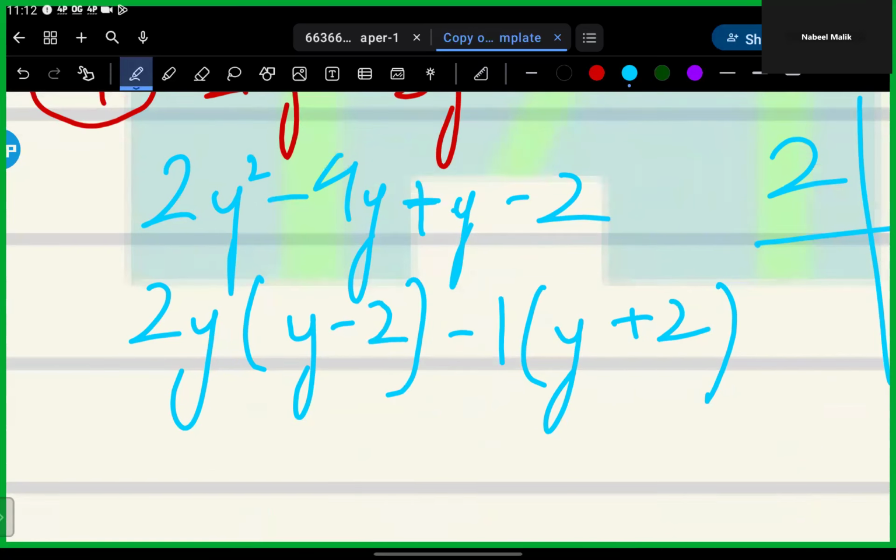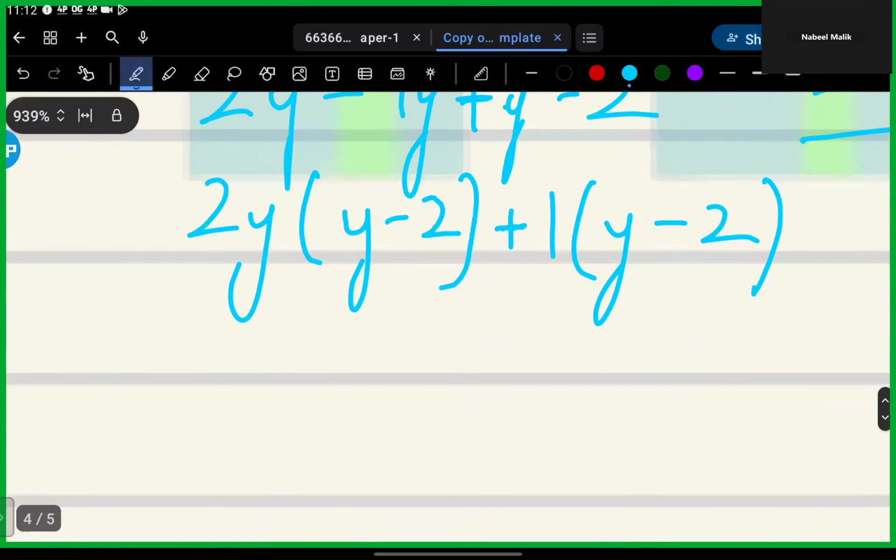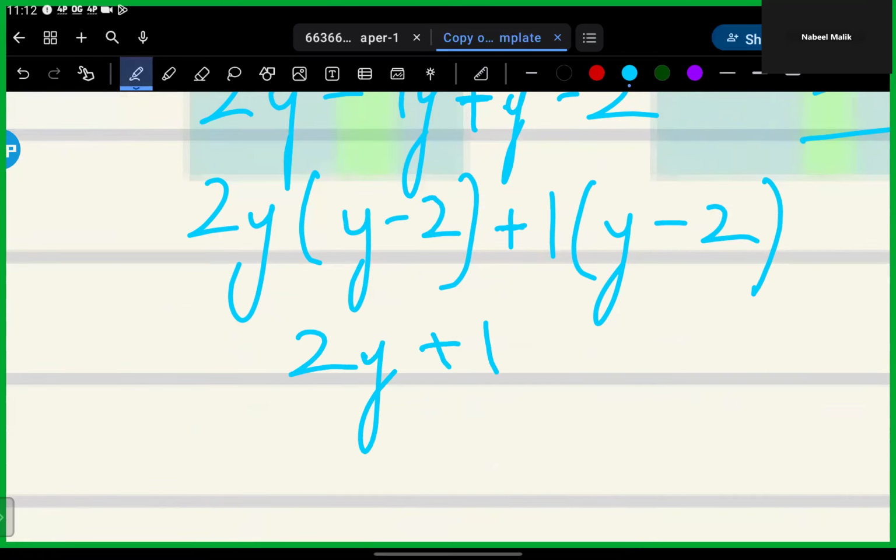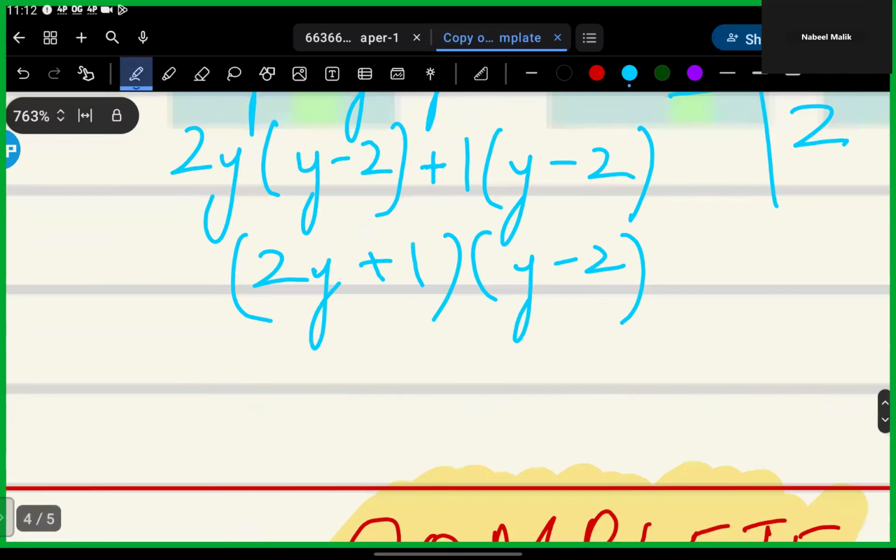Yes, this is going to become positive, and then finally this is going to become negative. All right, now we are just going to simplify this. 2y plus 1, y minus 2, and that's your answer.